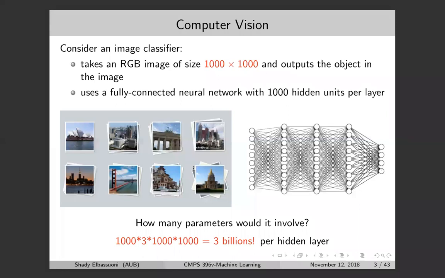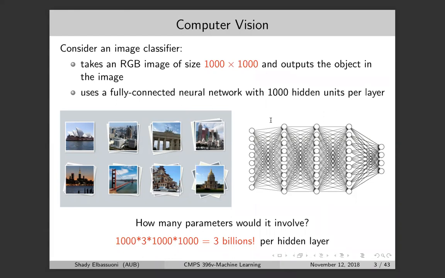So here it could be that I'm not classifying the images as really that it's a museum in Sydney, etc. But it's more of a museum, a bridge, a tower, and so on. So I have a few classes that I want to classify the image into. Okay, but the take-home message of this slide is that really, if you use a fully connected neural network, you have a really large number of parameters or weights that you need to figure out.